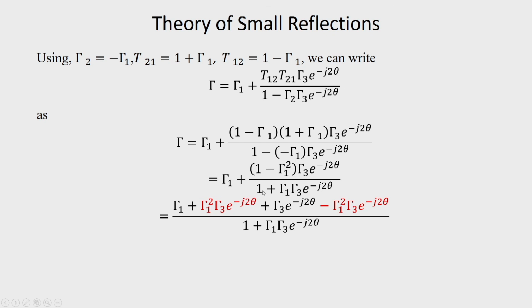So, this we can write once we multiply this denominator term by gamma 1, and then the terms shown in red, they will cancel out and we will be left with gamma is equal to gamma 1 plus gamma 3 e to the power minus j 2 theta divided by 1 plus gamma 1 gamma 3 e to the power minus j 2 theta.